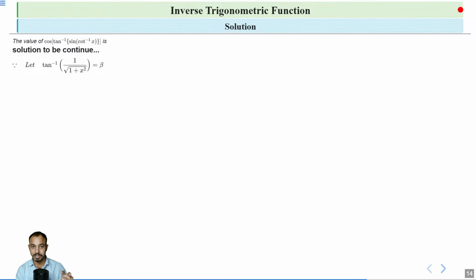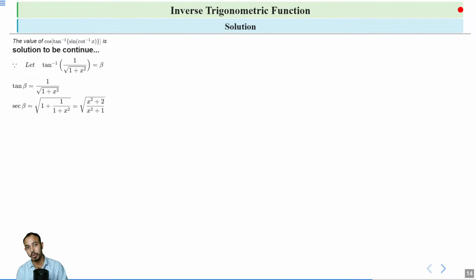Now we let tan inverse of 1 by square root of 1 plus x square equal to beta, and then tan beta is equal to 1 by square root of 1 plus x square. Now you know sec square beta minus tan square beta equal to 1. So from that formula you can write sec beta equal to square root of 1 plus tan square beta, and you have tan beta equal to 1 by square root of 1 plus x square.